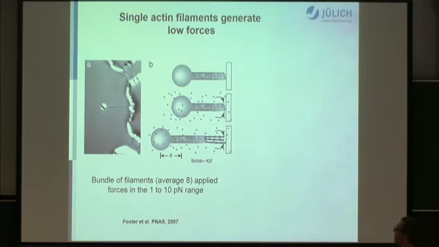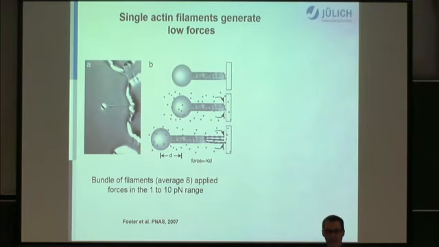Here, for example, those experiments were made by having a bead in a laser trap, and from this bead then actin filaments are polymerizing against a wall, and as soon as they reach the wall, they push the bead away from the laser trap, and by this you can actually analyze and determine the forces, and they are in the range of approximately 1 piconewton per actin filament. So they are pretty low, but of course a lot of those actin filaments push simultaneously.